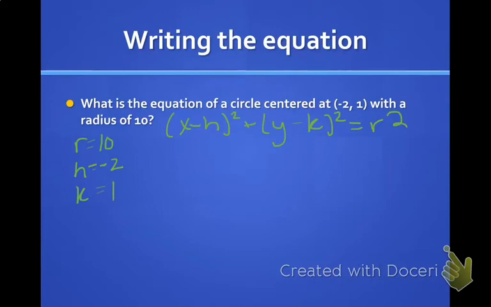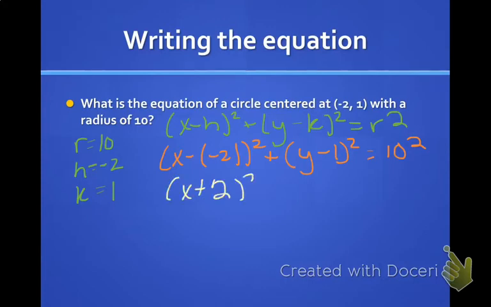When I plug this into the standard form of the equation, I get (x - -2)^2 + (y - 1)^2 = 10^2. Simplifying a little bit further, we get (x + 2)^2 + (y - 1)^2 = 100.